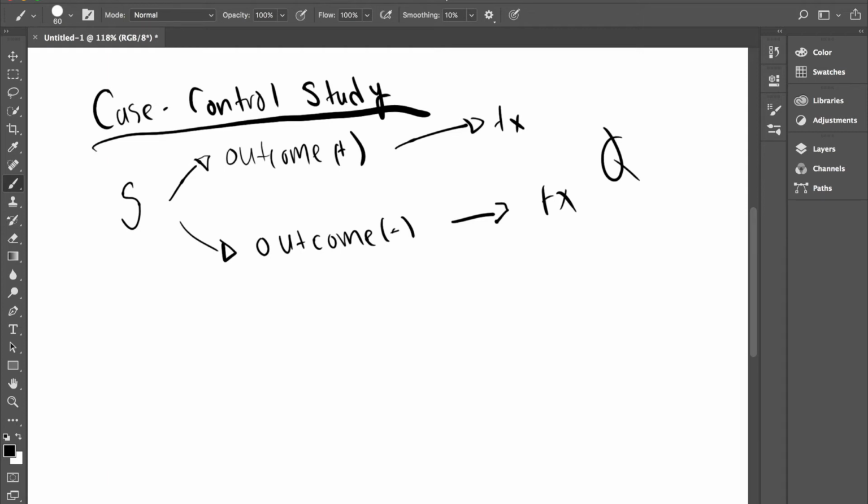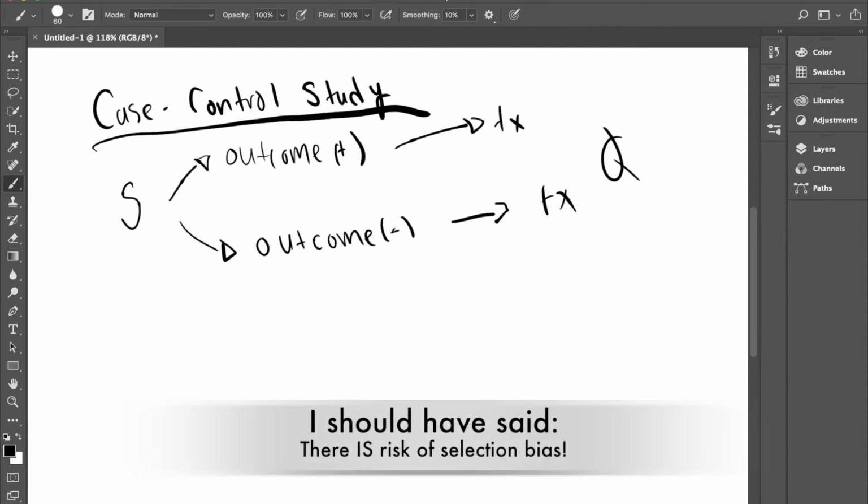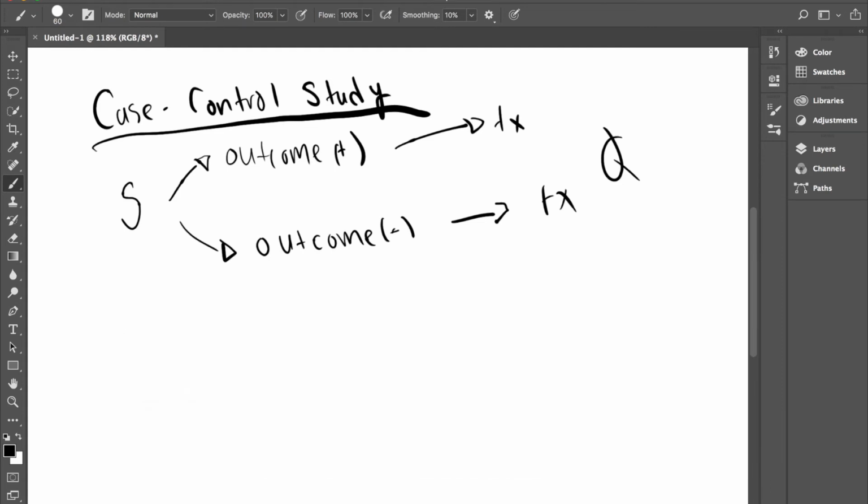In addition to not being randomized, we're worried about selection bias, similar protocols, similar outcomes, and whether or not there was accurate standardized charting like we talked about in the retrospective cohort study. We're also now worried about not being able to comment on incidence, because we're looking at people who have the outcomes and grouping based on outcomes, we're not able to comment on the risk of disease.